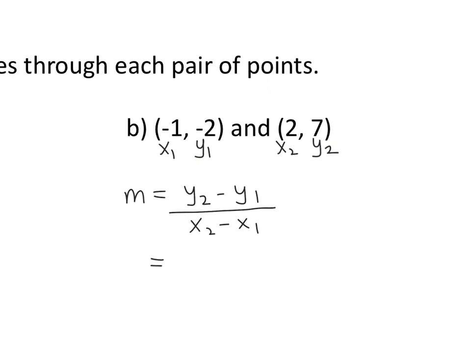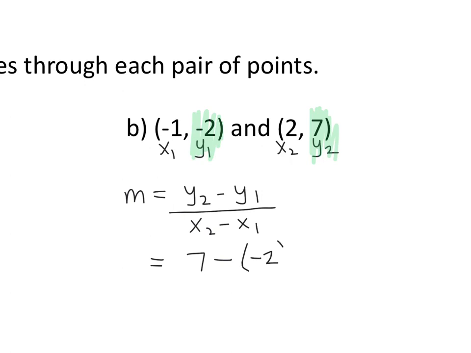This seems easy enough, but this time we have to be very careful with the signs because we have some values that are negative numbers. I'm going to start with my y2 value, which I picked as 7. So I'm going to put in 7 minus my y1 value, which I designated to be -2. When I put that number into my formula, I need to be careful.